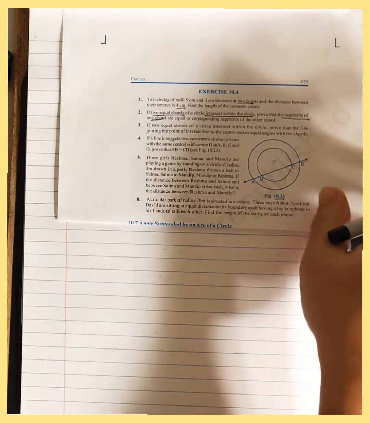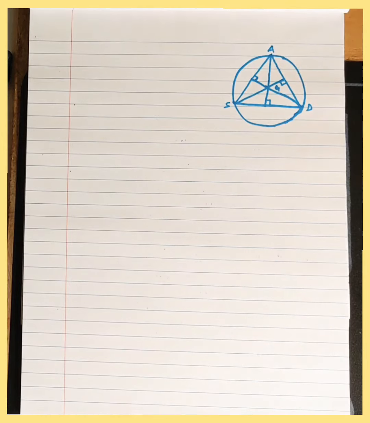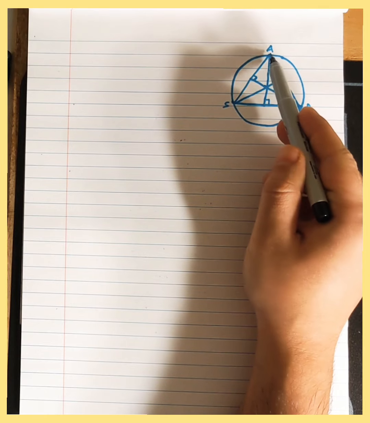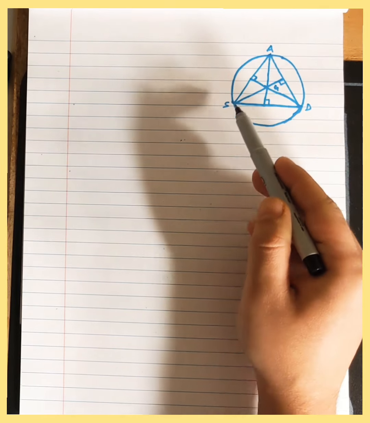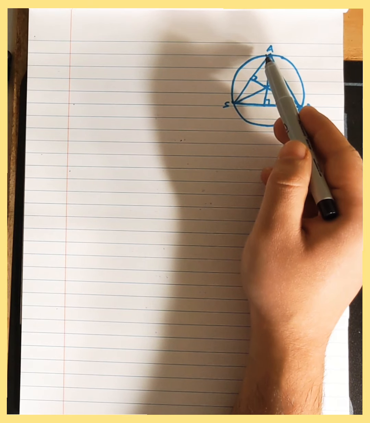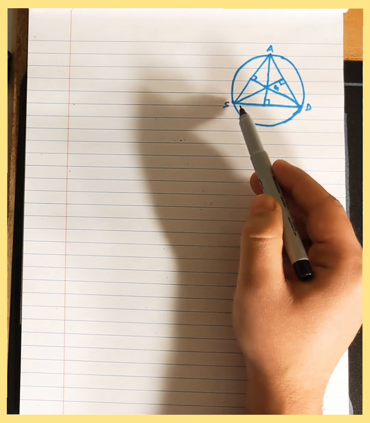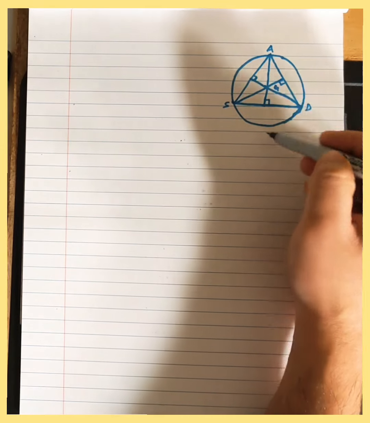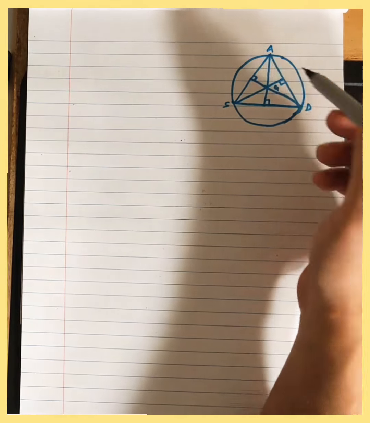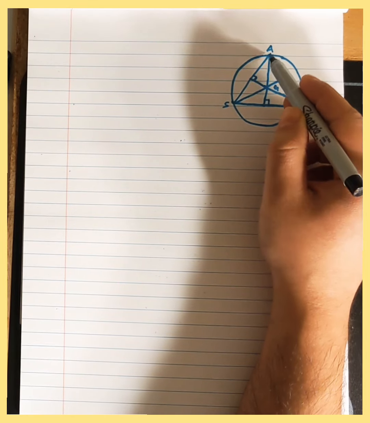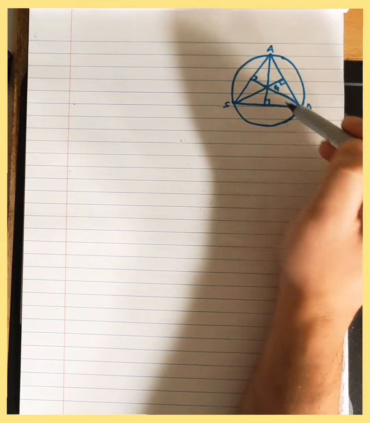So let's look at the figure for this question. If you are seeing the figure here, I have denoted these 3 points A, S and D. A is basically Ankur, S is Saeed and D is David. So this is a circular field, and as per the question, these three people are standing equidistant from each other.